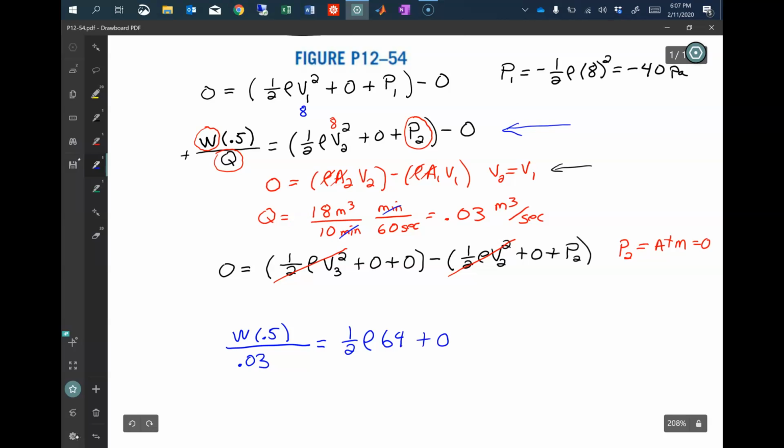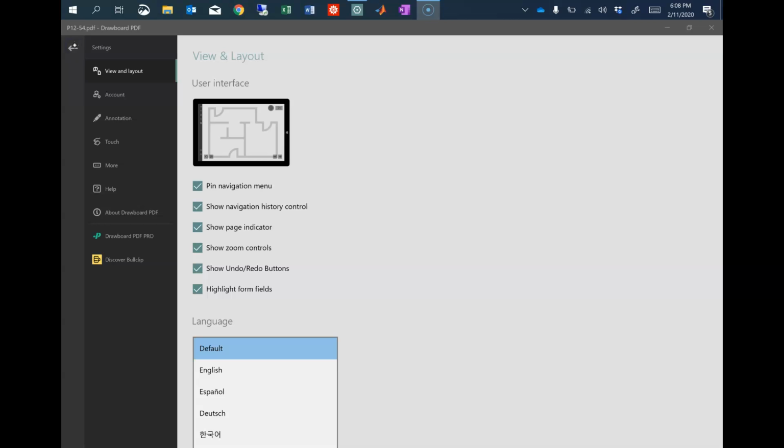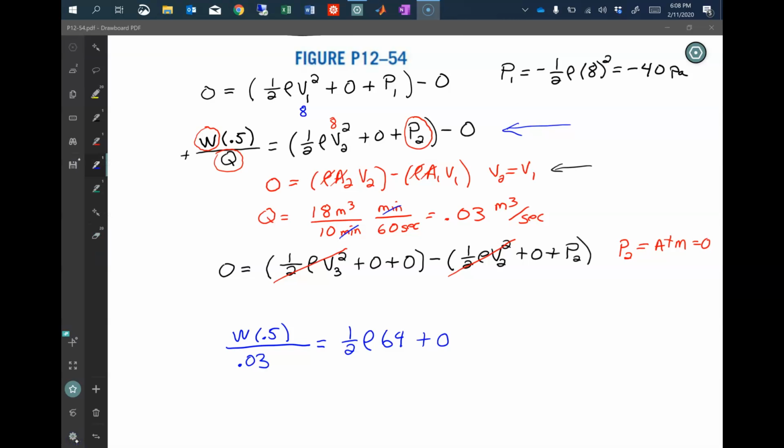Okay, so I'm going to pull out my calculator and calculate the W. What I get here is that W is equal to 2.4.